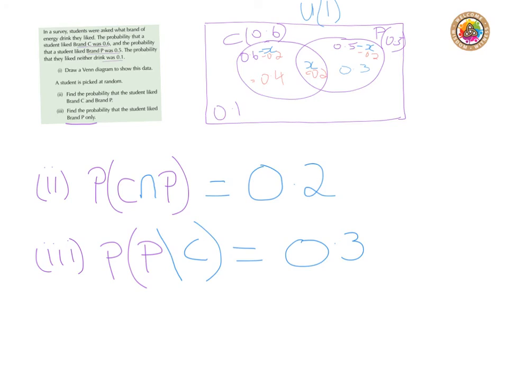Okay, so as you can see, the probability section that links with set theory is very much the same as everything that we would have done in set theory before. The only thing that we have to remember now is that our probability universe, this time, has a total of 1, because as we know, all our probabilities together can only add up to 1.